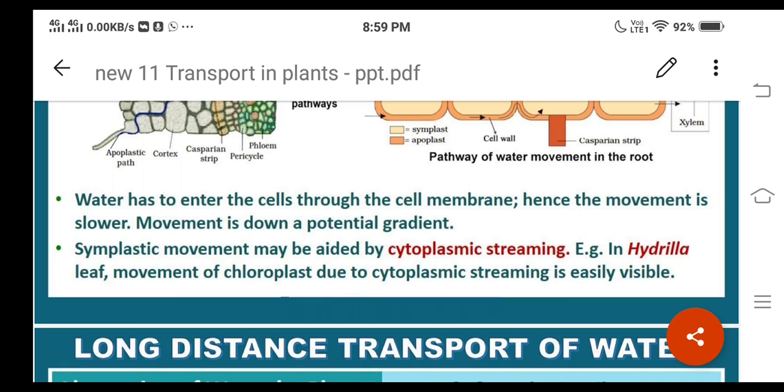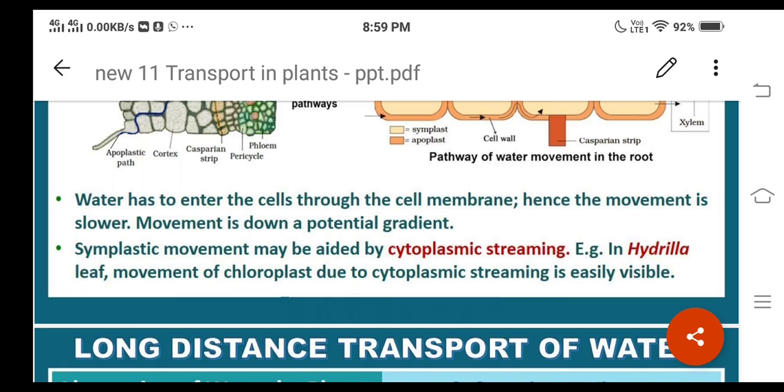Imagine that when the water enters the cell and crosses from one cell to another cell, while crossing inside the cytoplasm, there is a movement called cytoplasmic streaming, right? And cytoplasmic streaming may occur in clockwise or anti-clockwise direction.